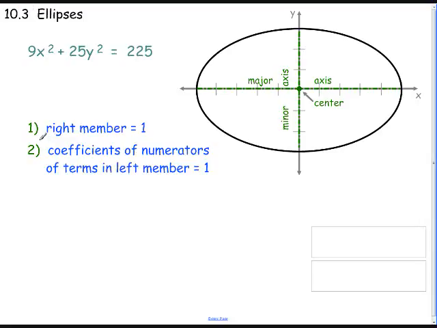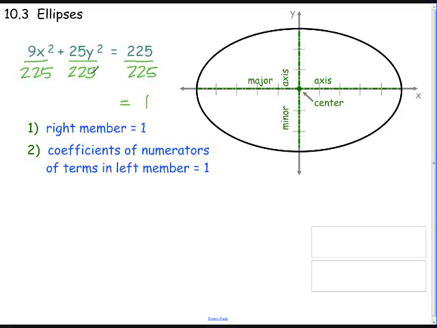So this is what we did. The right member, I'm talking about this, has to be 1. We figured out how to do that. We divided everything by 1. The coefficients of the numerators of these terms over here in the left member have to be 1, and we figured out how to do that. So this is the first step. This is just reviewing what we did just a moment ago. That made this equal 1.